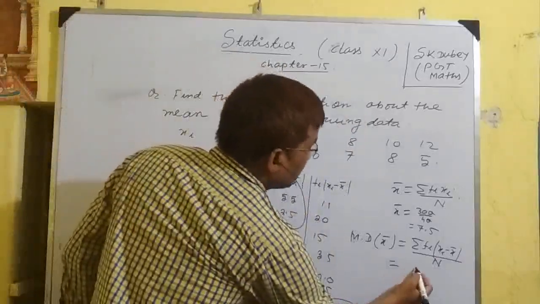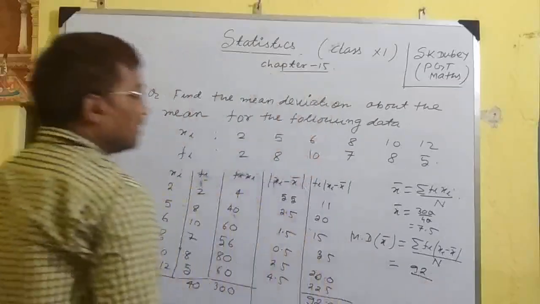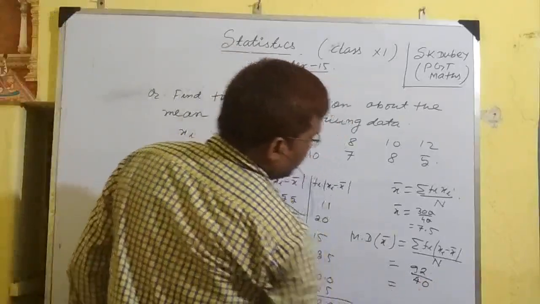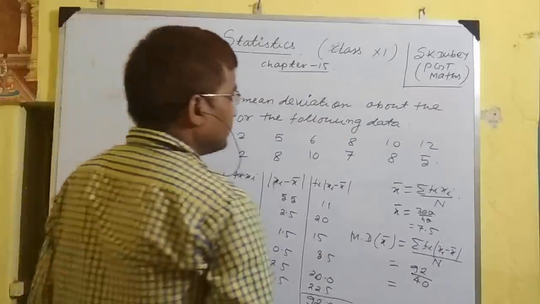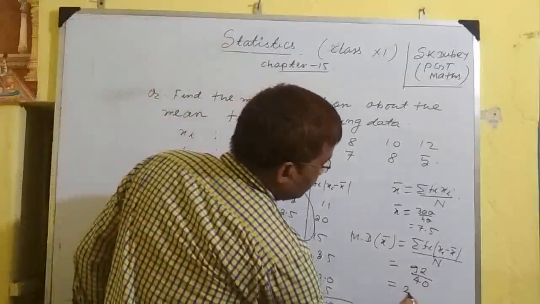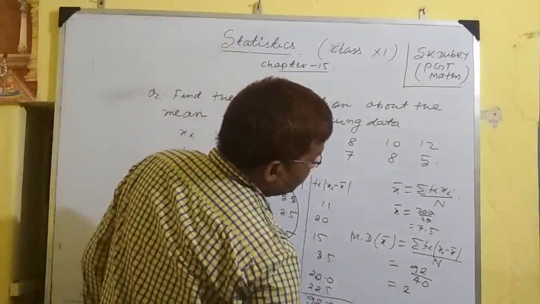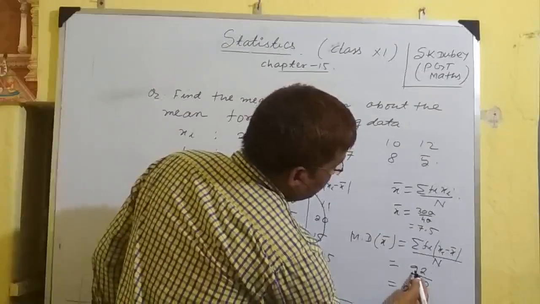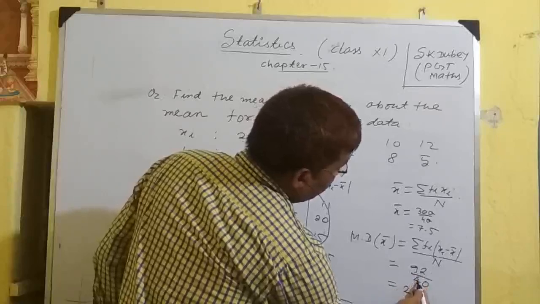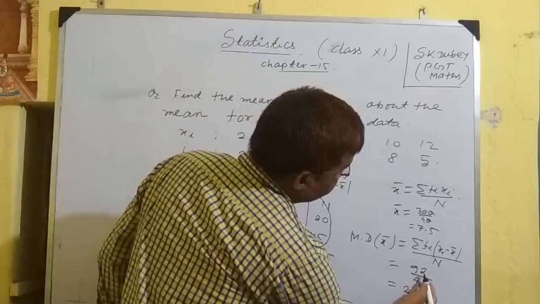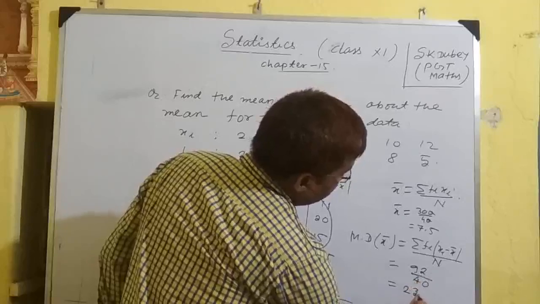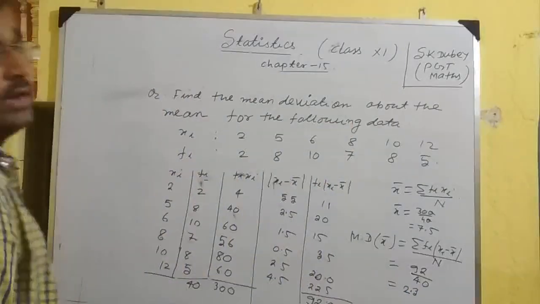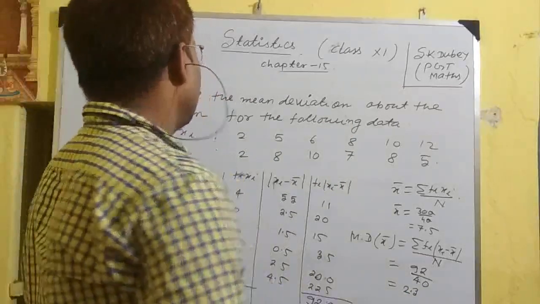Here it is 92 divided by the sum of frequencies, which is 40, so we get 92 by 40, that is 2.3. So the mean deviation about the mean is 2.3 here.